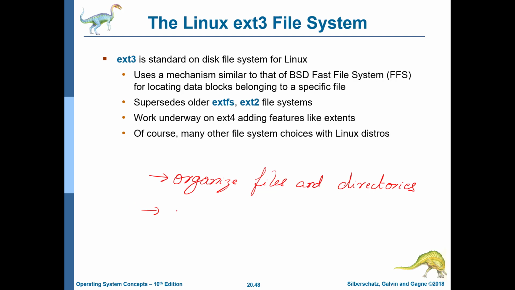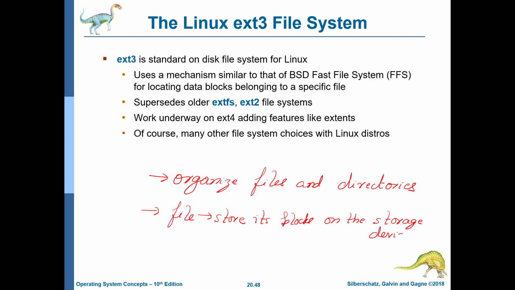Then it is basically to take a file and store its blocks on the storage device. So let me just write hard disk here, where the hard disk will basically mean any storage device. So it could be a hard disk, it could be a flash drive, it could be a hard disk on another machine on the network.